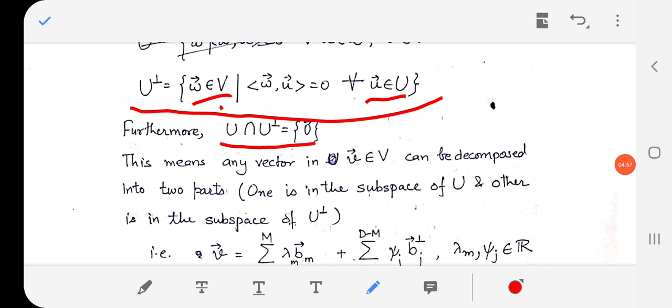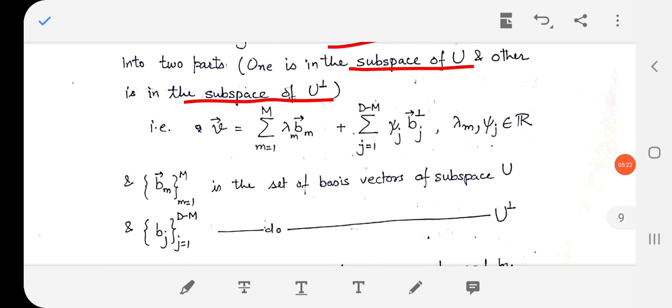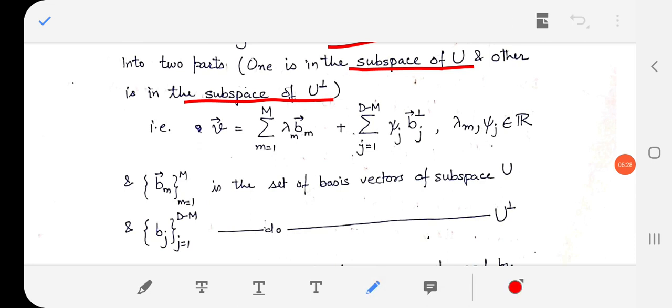Which means that any vector v in V can be decomposed into two parts. One is in the subspace U, another is in the subspace U orthogonal. So in other words, we can say that every vector v can be represented completely by its projection in the subspaces U and U orthogonal.